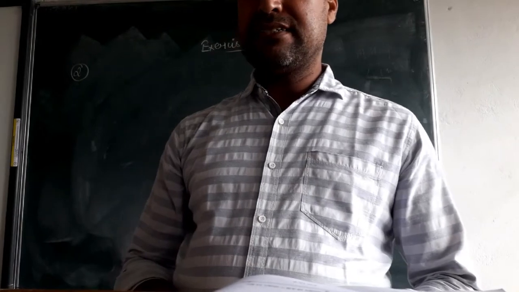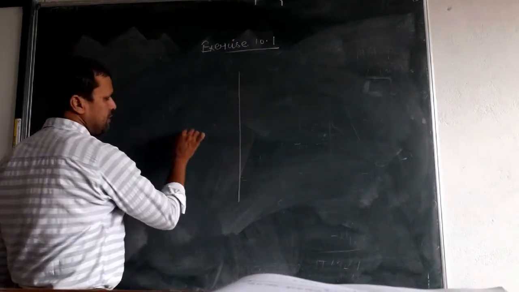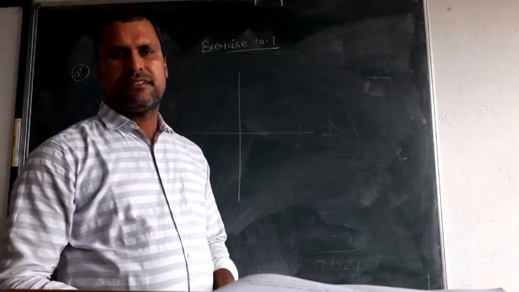Find the vertices of the triangle. This is a very good question. This is the coordinate axis.